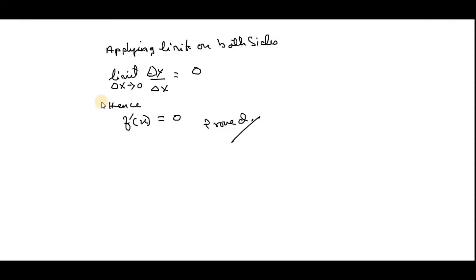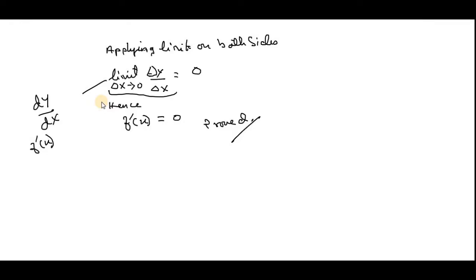Now one thing should be noted here: on applying the limit on both sides, limit delta x approaches 0, delta y by delta x has become equal to 0. Now this side, limit delta x approaches 0, delta y by delta x, is always equal to dy by dx.